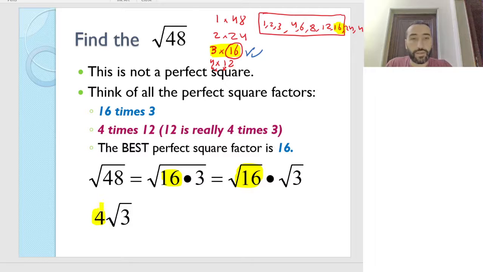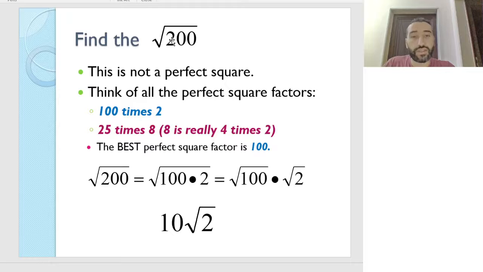This is what I mean by finding the factors, and from the factors I find a perfect square. Radical 16 as 4, so it's 4 radical 3. This is called the simplest form. The question says simplify as much as possible, so 4 radical 3 is it; I can't do anything more.